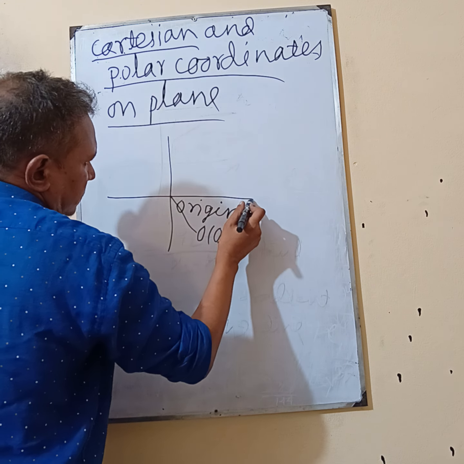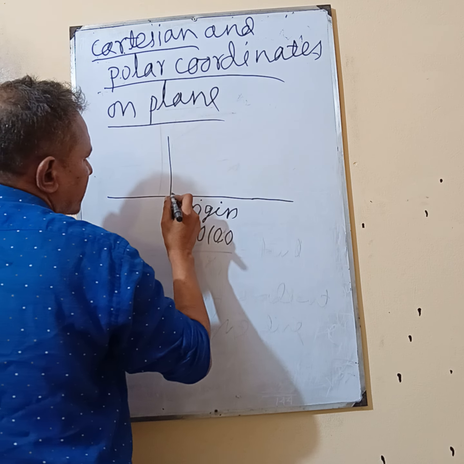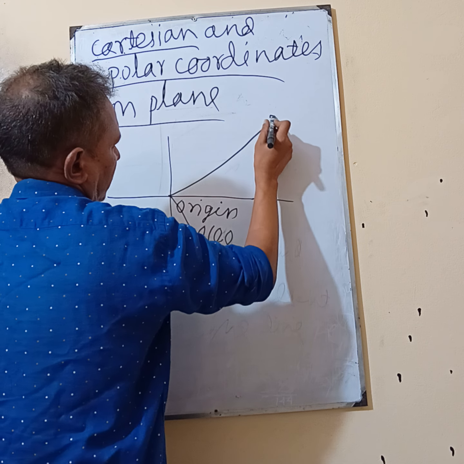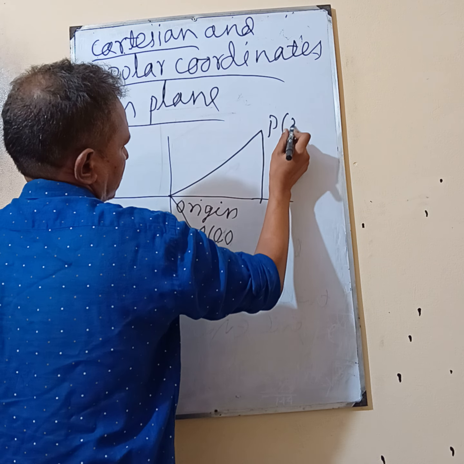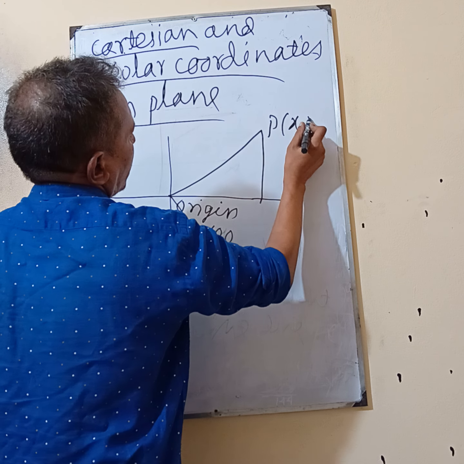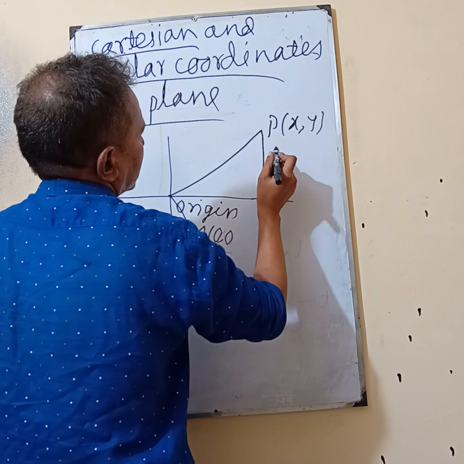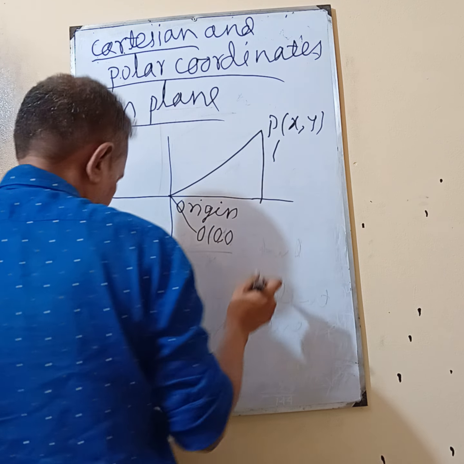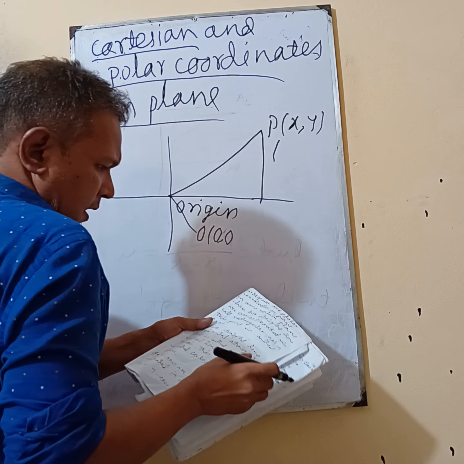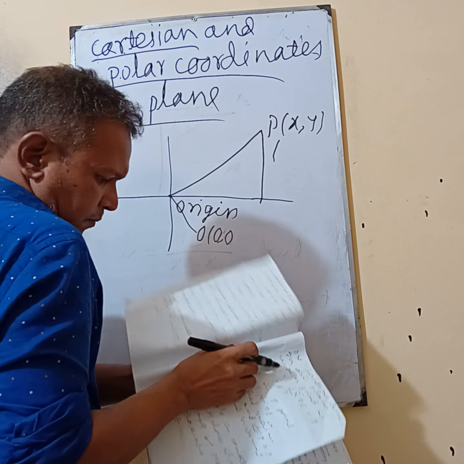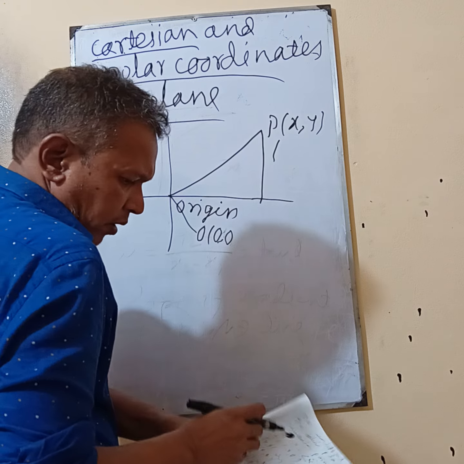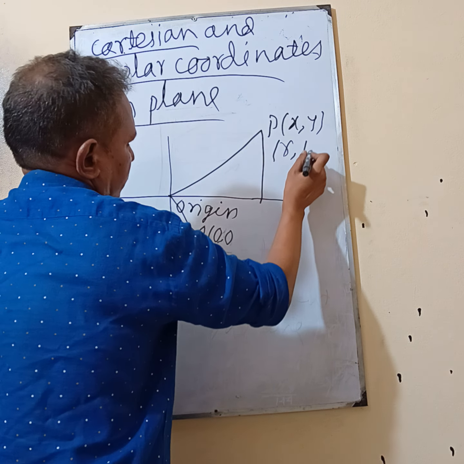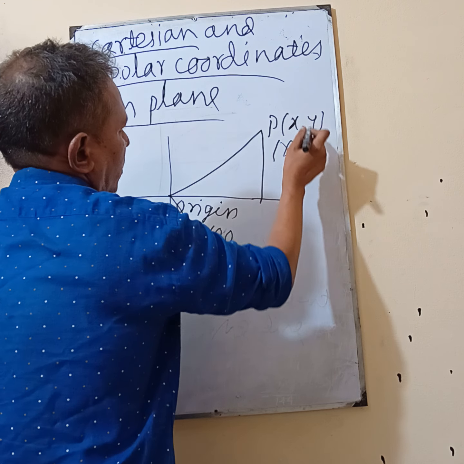And then suppose there is a point P (x, y). (x, y) is the Cartesian coordinate, and that is another point. Suppose its polar coordinate must be (r, theta). (r, theta) to (x, y), (x, y) to (r, theta).